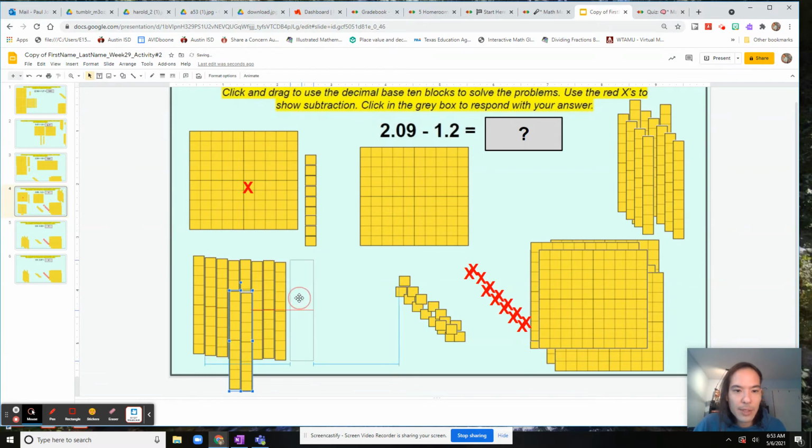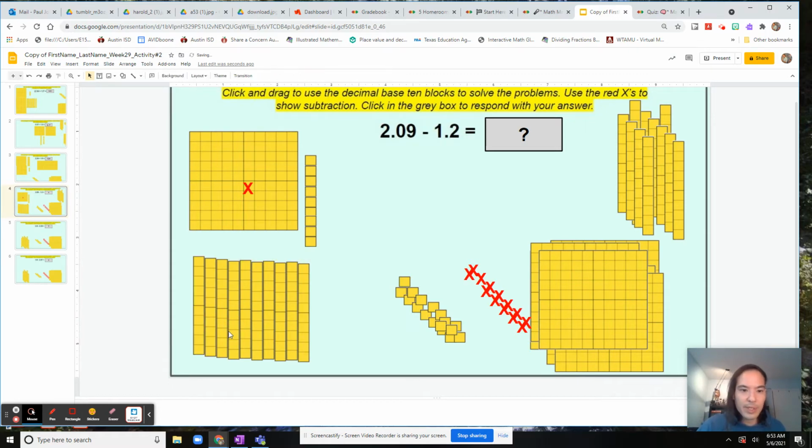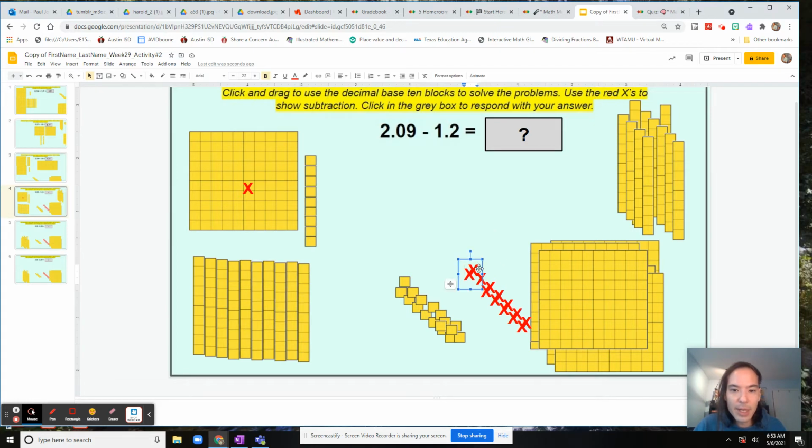All right. So what I did right here is I just replaced the 1 whole. All right. Boom, it's gone. I replaced it with 10 tenths. Remember, this 1 whole's worth 10 tenths too. We already took away 1 whole though, because we're taking away 1 whole and 2 tenths. So let's go ahead and move the x's to take away 2 tenths. Take away 1 tenth. Oops, that's not where that's supposed to go.